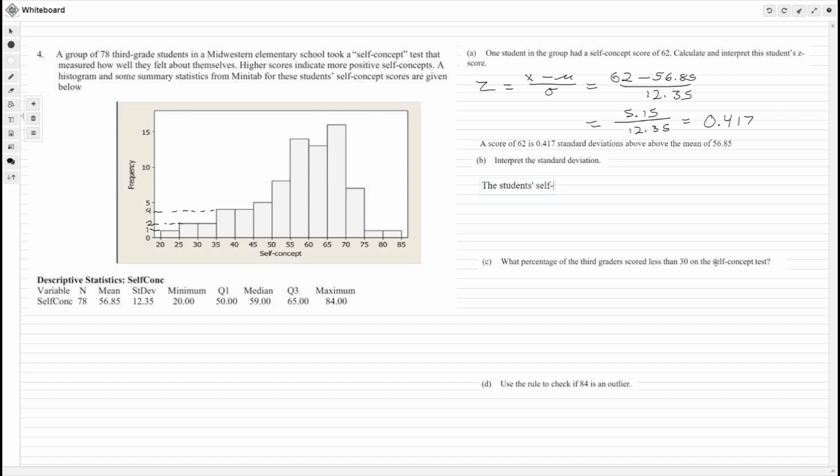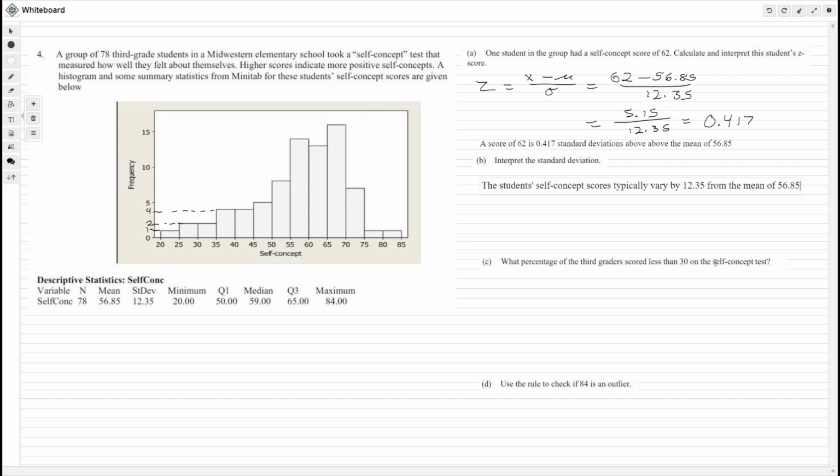The students' self-concept scores, always go back to what the x value is, or what the values being measured is. Use that to guide your answer. So the students' self-concept scores typically vary. Standard deviation is just the varying of the data. Varies by 12.35 from the mean of 56.85. See how simple that is? Just lay it out, very straightforward. You don't have to go into any longer details, just speak to what the data says.